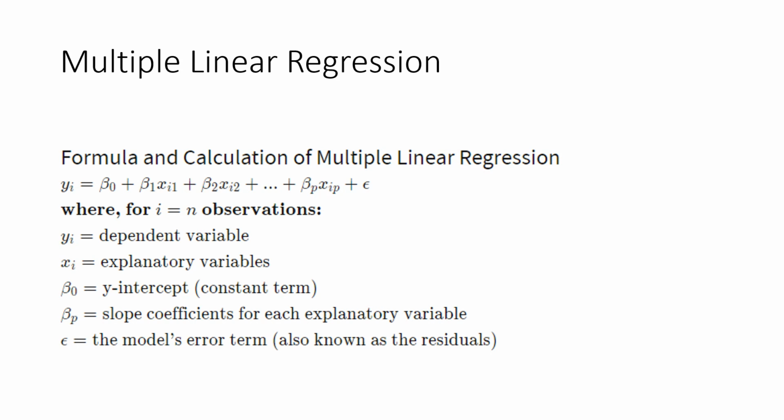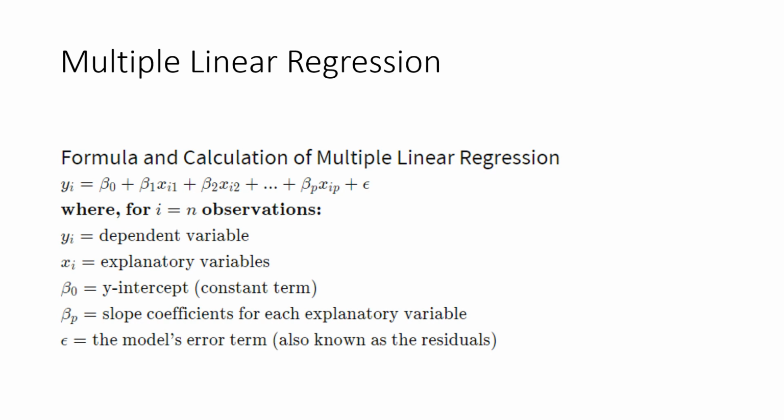The multiple regression model is based on these assumptions. First, there is a linear relationship between the dependent variable and independent variables. Second, the independent variables are not too highly correlated with each other.